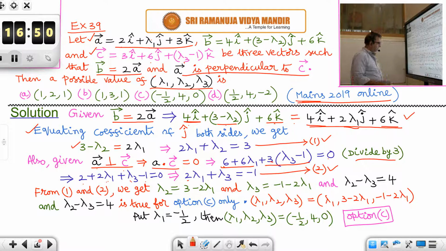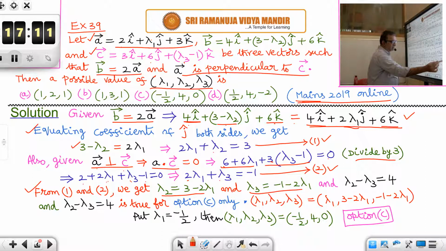From 1 and 2 we get: from 1, lambda 2 is equal to 3 minus 2 lambda 1. And from 2, lambda 3 is equal to minus 1 minus 2 lambda 1.